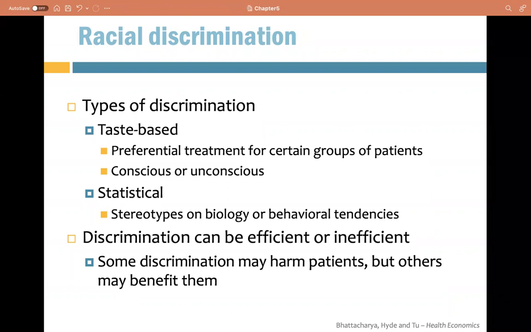racial discrimination. For example, if some doctors are racist, they prefer to treat some groups of patients, or they have preferential treatment for certain groups of patients, whether it's conscious or unconscious. Another type of discrimination is called statistical.